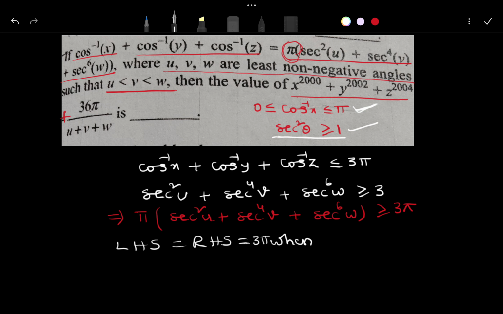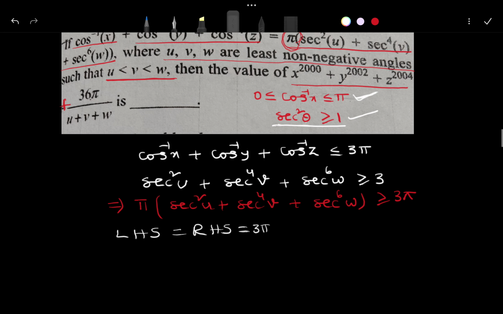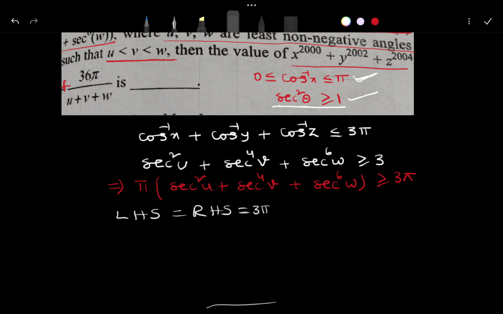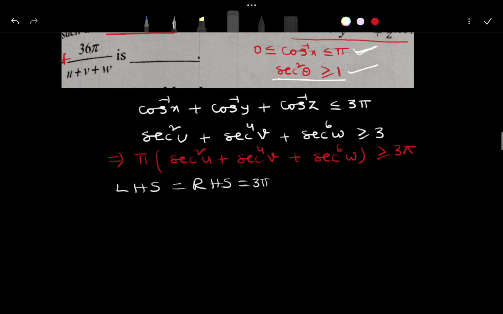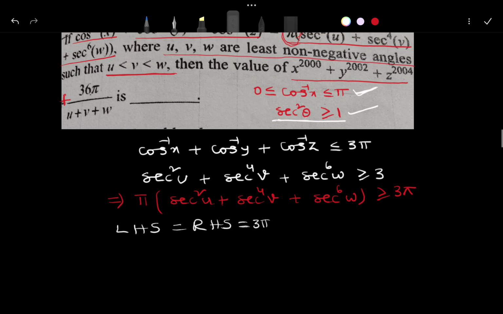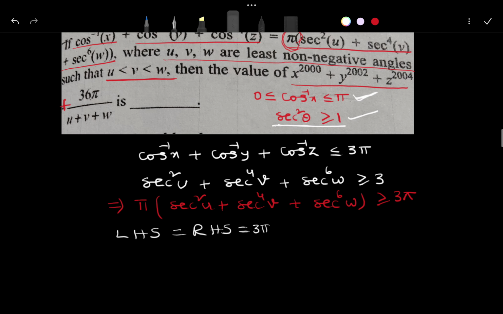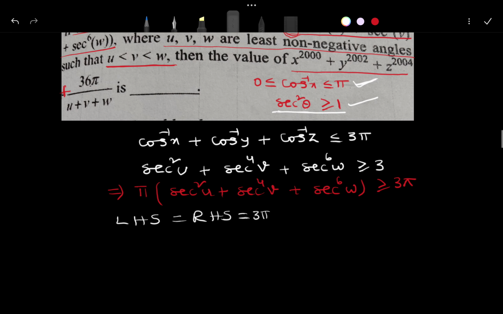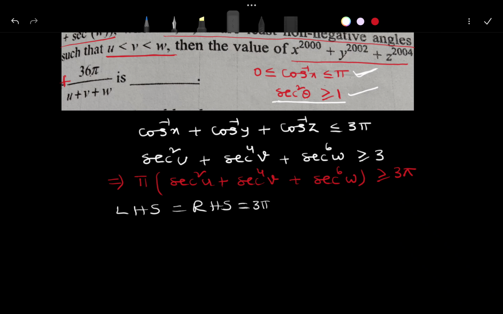Okay, so here you do one thing. Now LHS will be equal to RHS. These will be equal only at 3 pi. That means the LHS value, from cos inverse of x, cos inverse of y, cos inverse of z, you can take as pi.